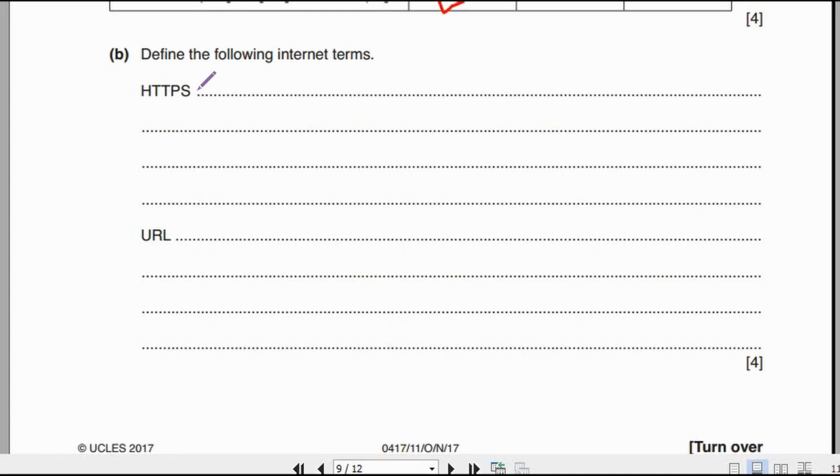Next is URL. It is uniform resource locator. Okay, uniform resource locator, it's also very important, like a web address. Whenever we enter an address, we put in a URL, like www.google.com is one of the URLs. So when you write the uniform resource locator, you will get 1 mark.